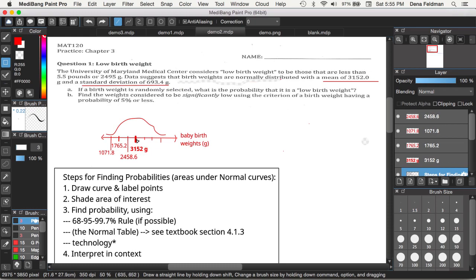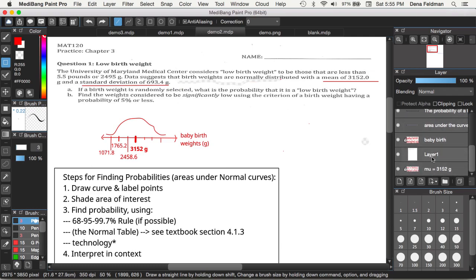And if I were to take this 693.4 and add it or subtract it from this mean, I will know what the next numbers are here and here. I will know what the next key markers are along the spectrum of all the baby birth weights.